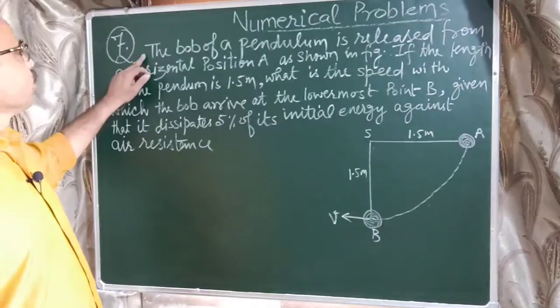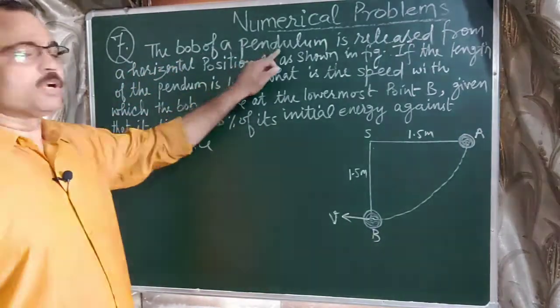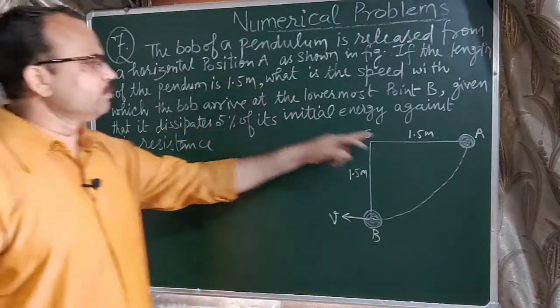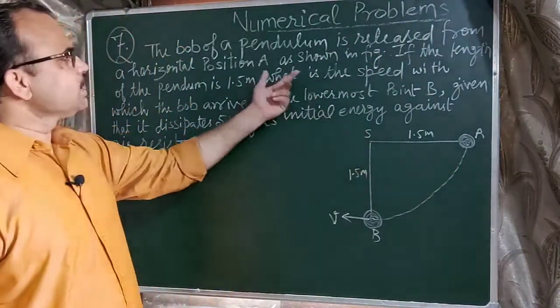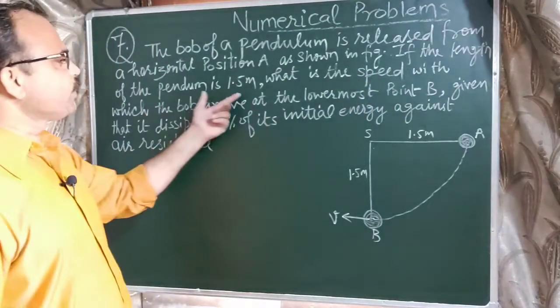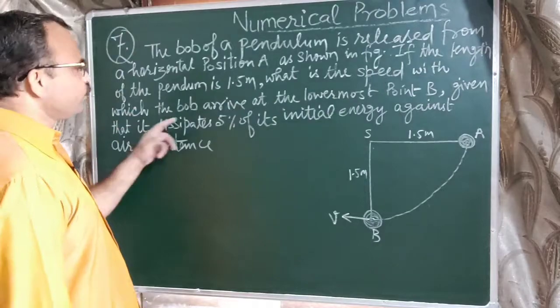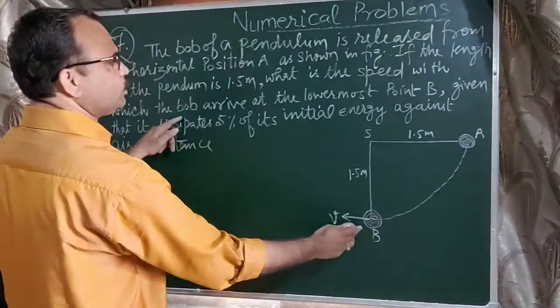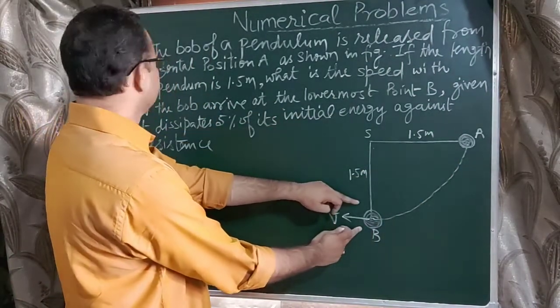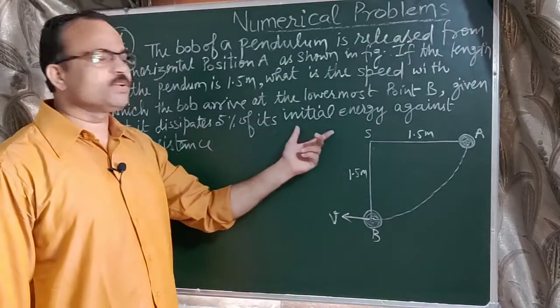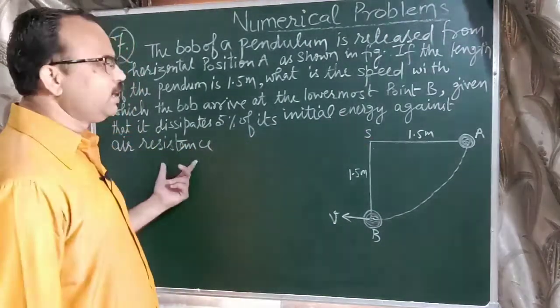Now note the question number 7. The bob of a pendulum is released from a horizontal position A, means from this position A. Okay, as shown in figure, if the length of the pendulum is 1.5 meter, what is the speed with which bob arrives at the lowermost point B, given that it dissipated 5% of initial energy against air resistance.